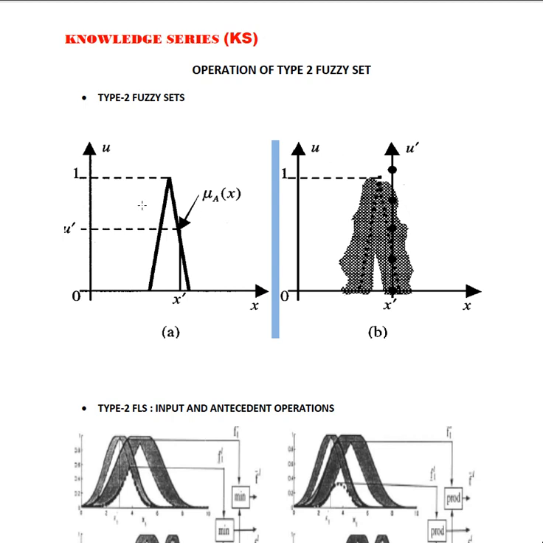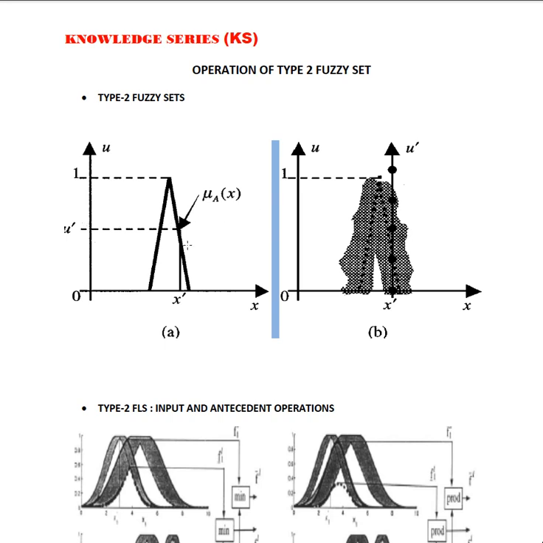On one side of the figure, if you look at the type 1 fuzzy set, you take a particular element in the crisp condition, or the universe of discourse x, in which x is the element. Under that element you get the membership function u dash.